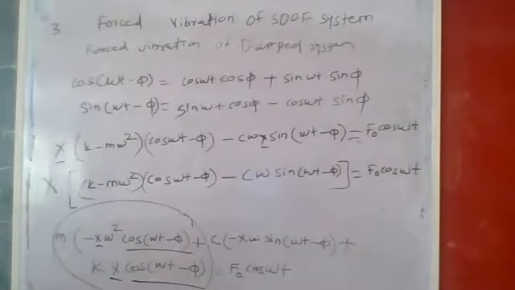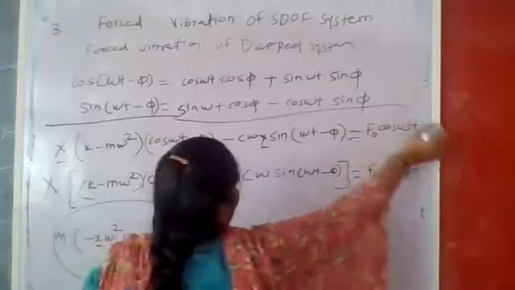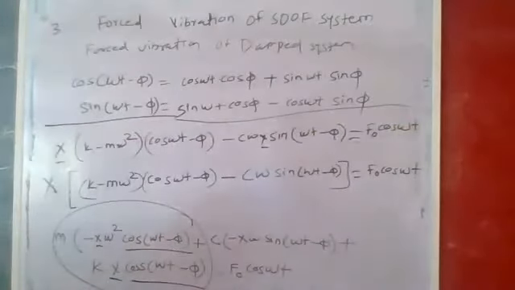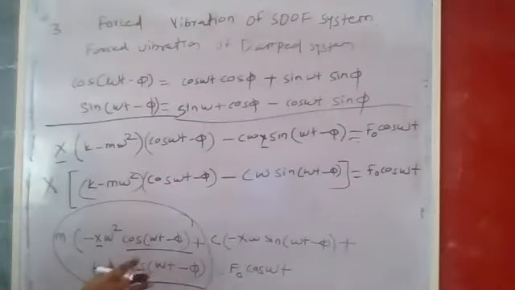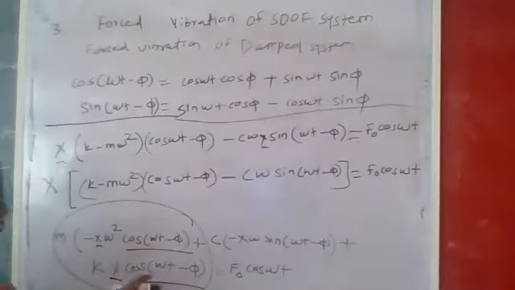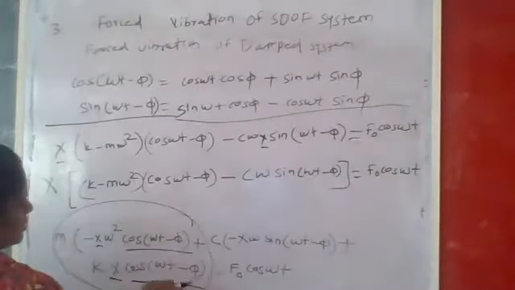See what I have done here, and now I have to put these formulas into this equation. I have split this equation and taken some common parts. Which are the common parts? The cos term and the X term are common.